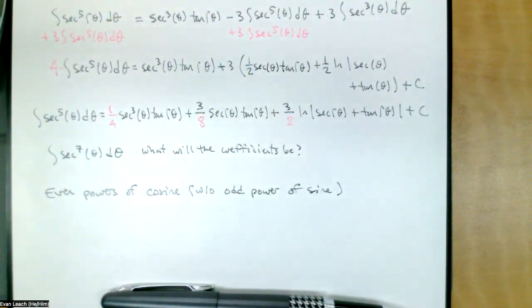The next one we need to deal with is even powers of cosine without odd powers of sine. If there's odd powers of sine, it's just a substitution problem. If it's even powers of cosine and even powers of sine, that's just even powers of cosine. That's how we're going to phrase that.